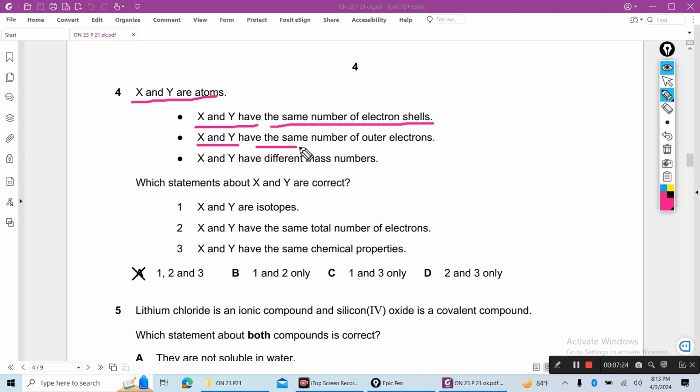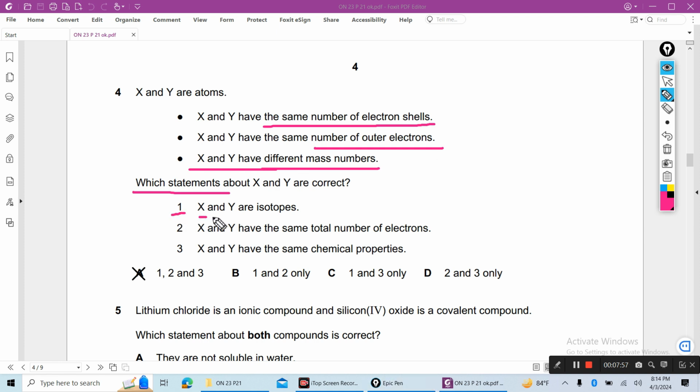X and Y have the same number of outer electrons, and X and Y have different mass numbers. And you know, number of shells same, outer electrons same, but different mass number. Which statements about X and Y are correct?